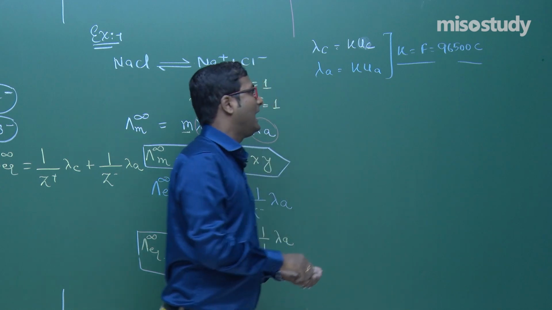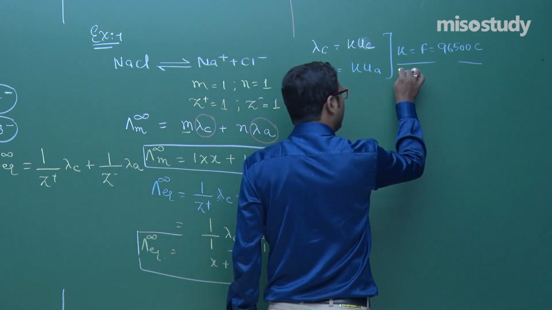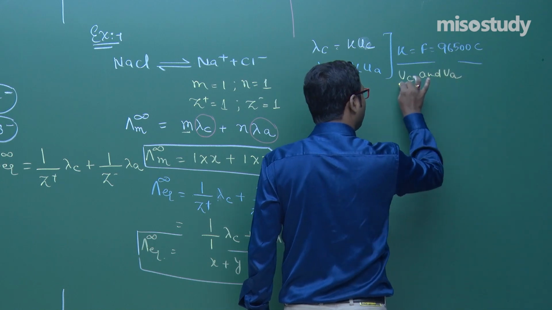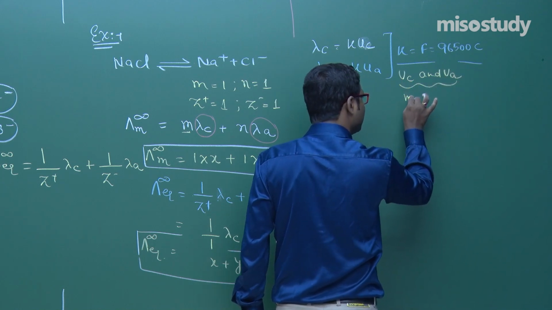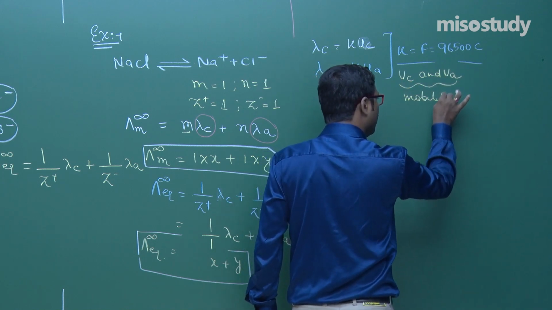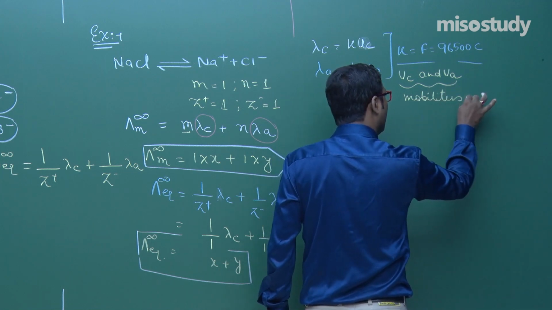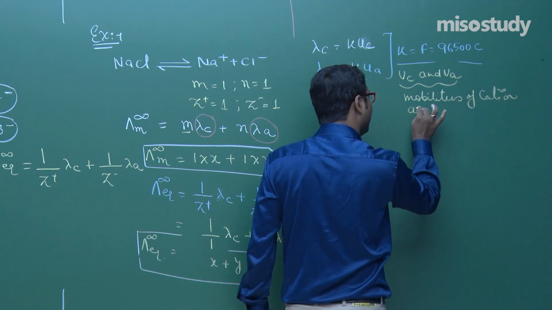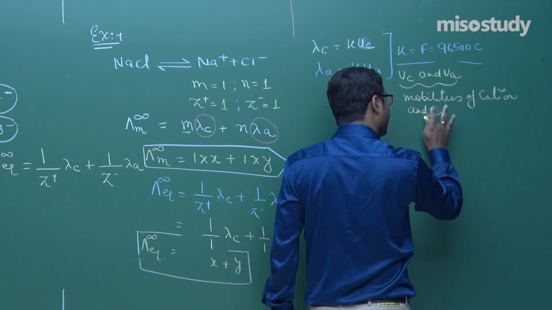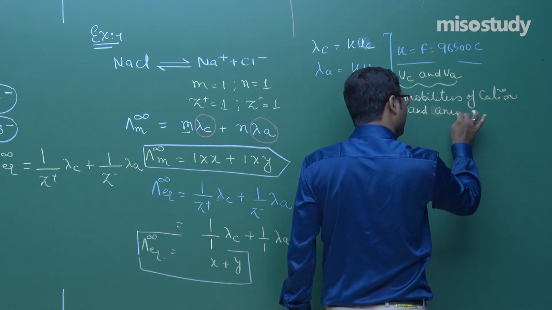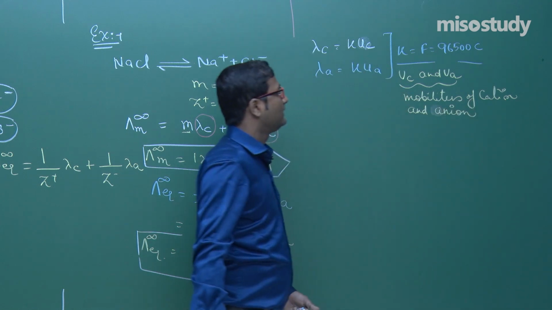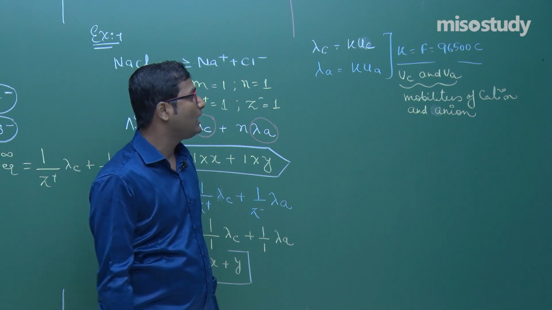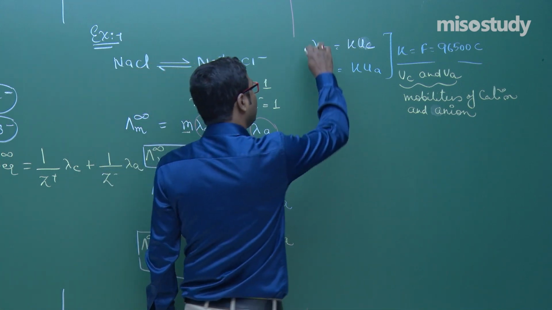And what are mu C and mu A? These are the ionic mobilities of cation and anion. So if not given, you can use this formula to get the ionic conductivity.